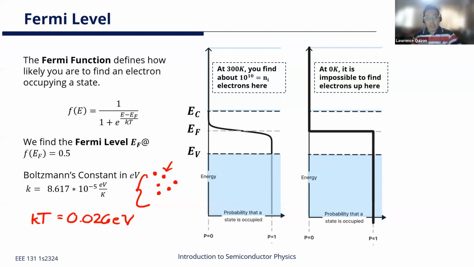And the reason that this appears in the Fermi function is why? The Fermi function says how likely you are to find an electron occupying a state, no? And the thing that influences electrons to be a carrier, no?